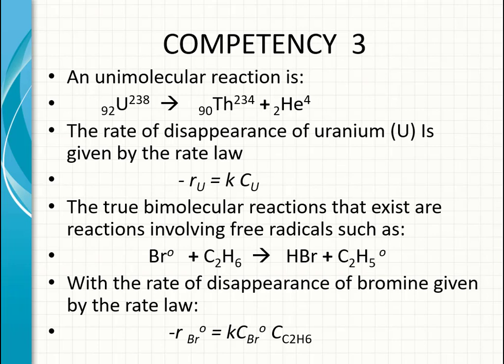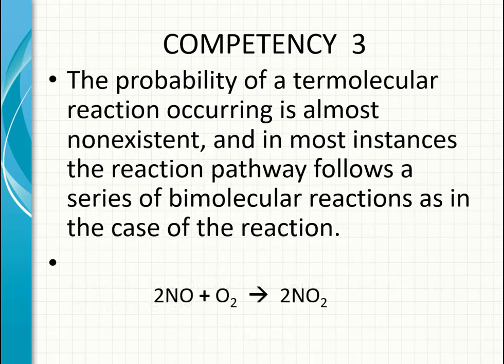This one has a rate of disappearance for the bromine radical given by the rate law: minus the rate of bromine radical is equal to the rate constant k times the concentration of bromine free radical times the concentration of ethane.